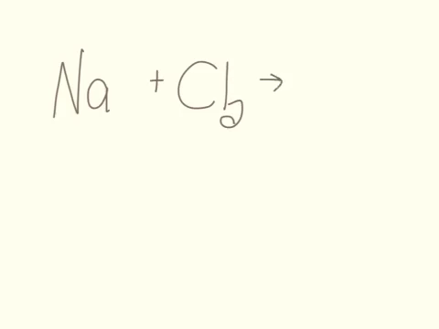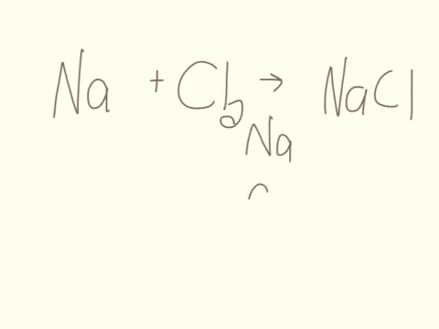Let's try another one. Let's do sodium plus chlorine, which is Cl2, make sodium chloride. Start out by listing the elements under the arrow. Our 2 elements are sodium and chlorine.